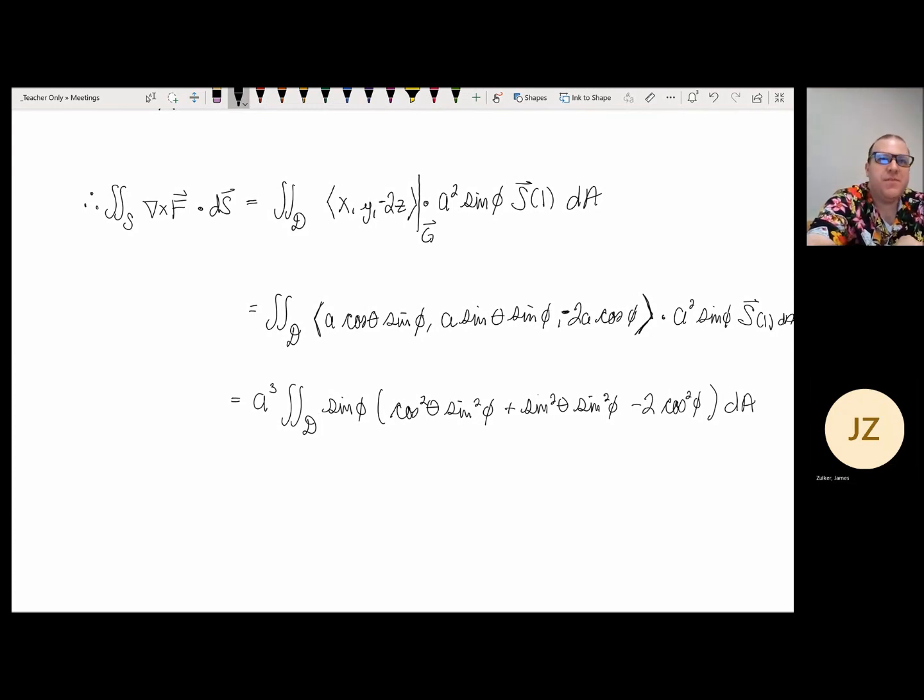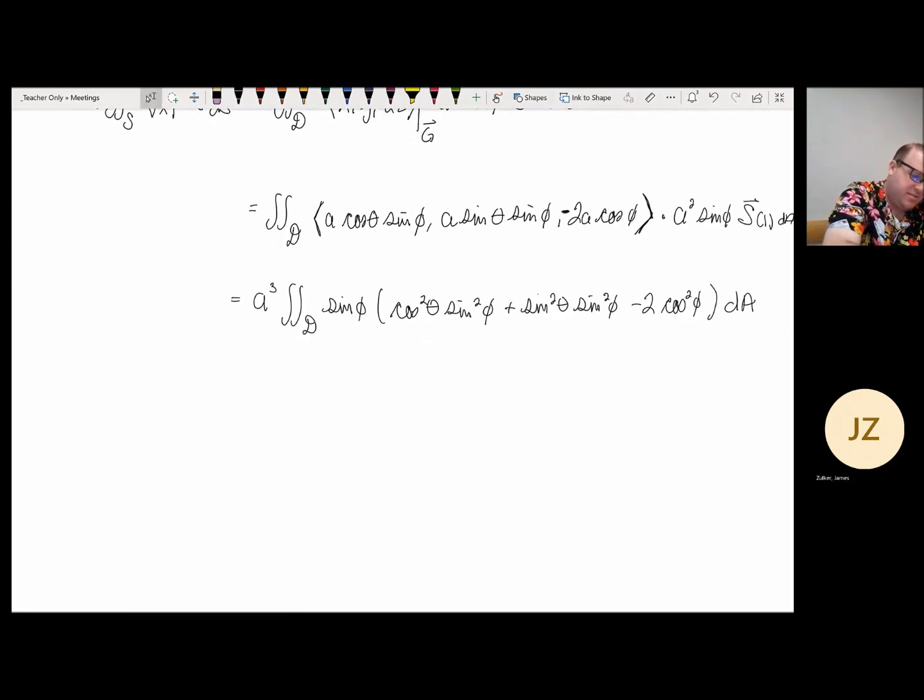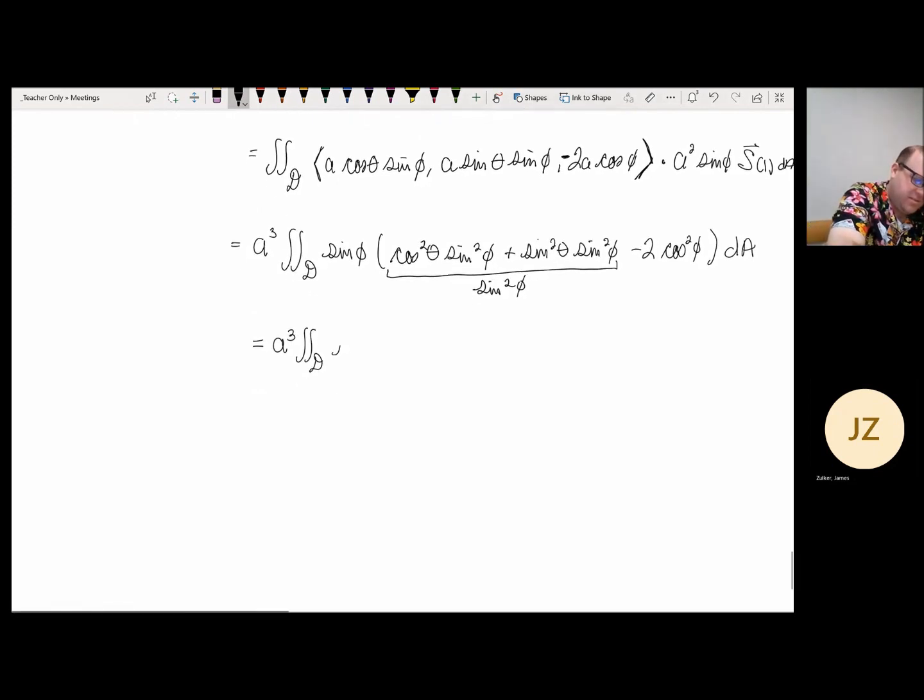This can be simplified. We have a cosine squared theta sine squared phi plus a sine squared theta sine squared phi. Isn't that first term just sine squared phi? Distribute that sine phi through, you get sine cubed minus 2 sine of phi cosine squared phi.